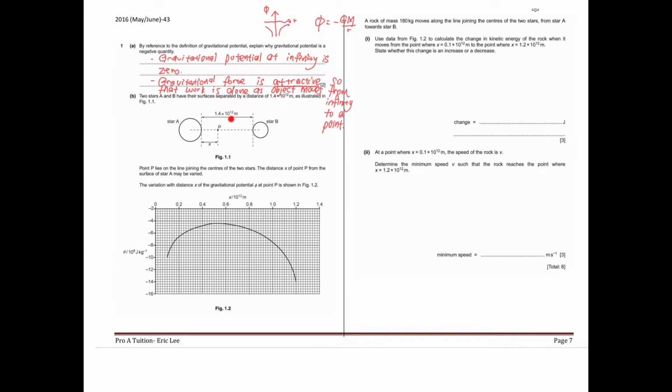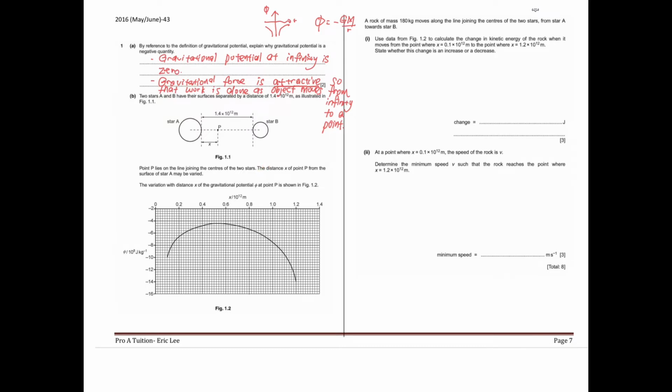Okay, so let's continue the question first. Point P lies on the line joining the centers. Point P, as you can see here, lies on the line joining the centers of the two stars. So as you can see, this is the center of star A, and this is the center of star B. So there is a line that joins up the centers, and point P is just somewhere on the line.